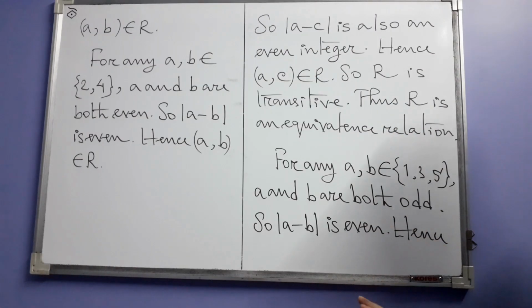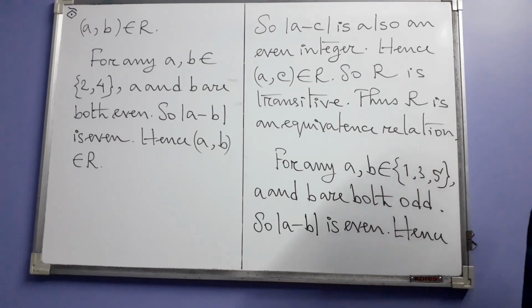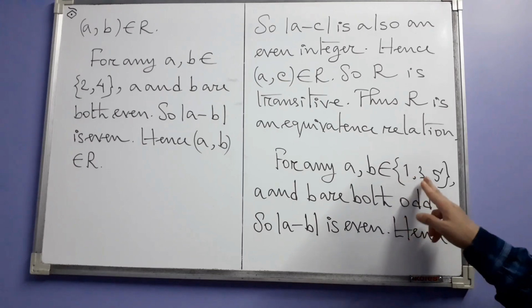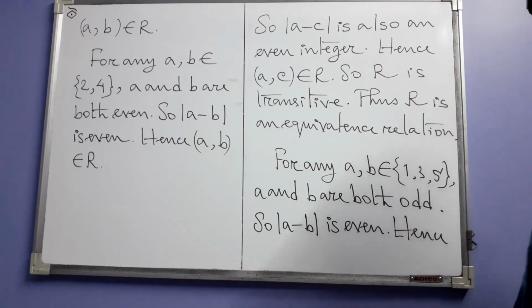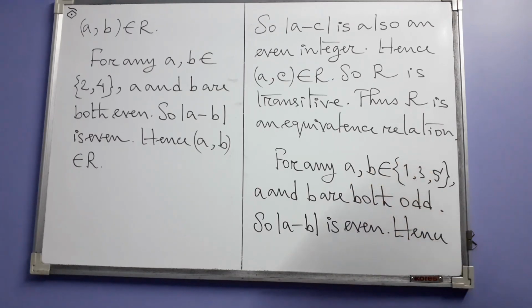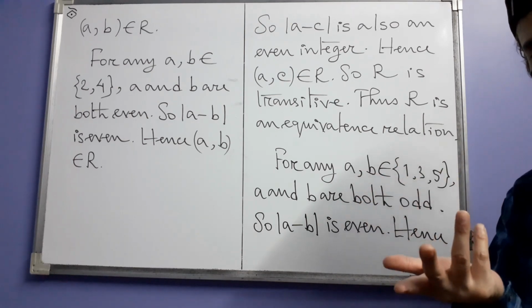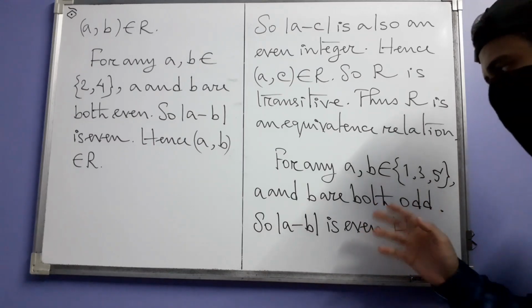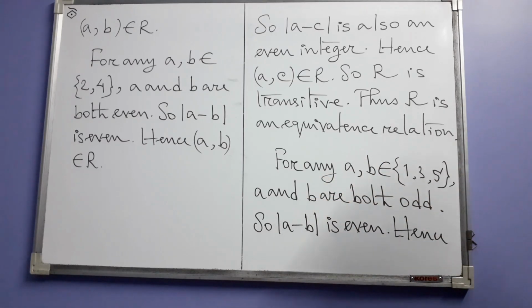So in the other parts, first we consider this set consisting of 1, 3 and 5. Note that these are precisely the odd integers in our original set A. So if we now choose any two elements a and b from this set, note one more thing carefully, that this a and b are not necessarily distinct, they may be equal also. But regardless of what the situation is, a and b are both odd integers.